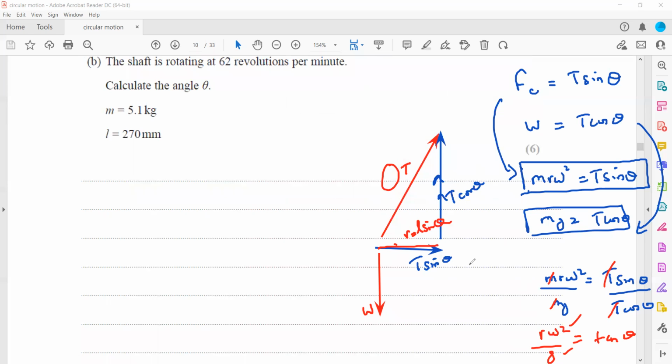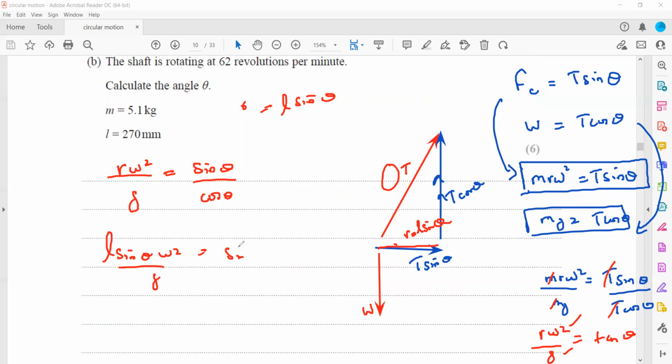till this point, even if I don't change to tangent theta, I can say r omega square over g is equal to sine theta over cos theta. Now, we know r is equal to L sine theta, that is against the angle. So in place of r, I can write L sine theta. So L sine theta omega square over g is equal to sine theta over cosine theta.